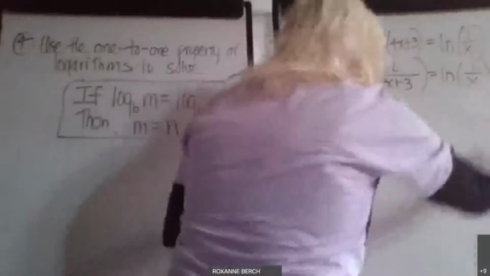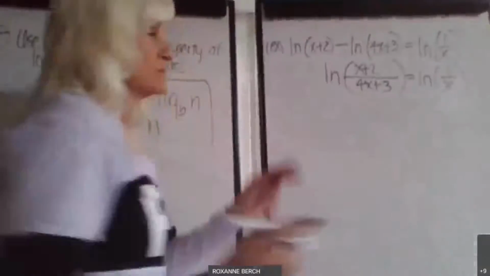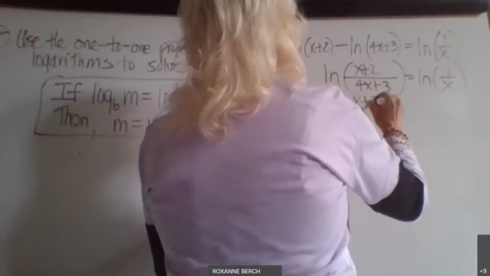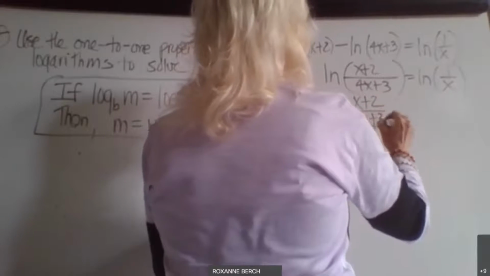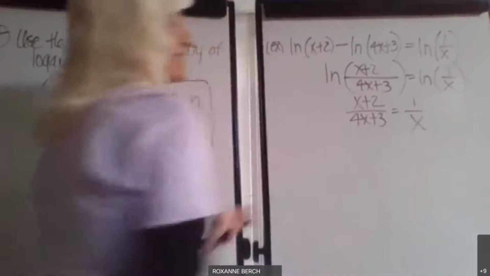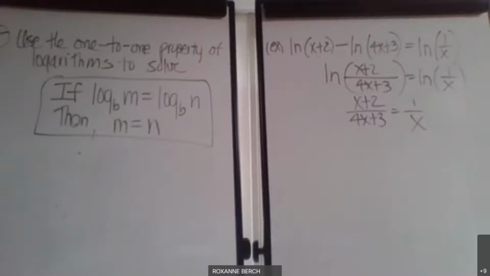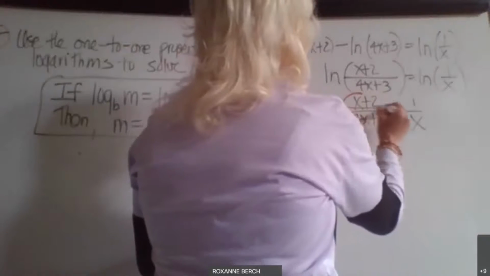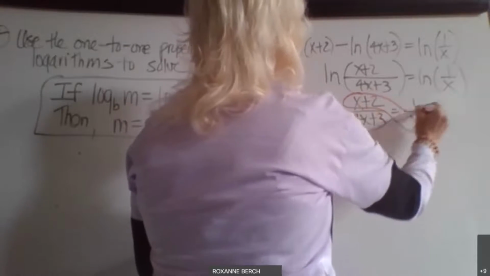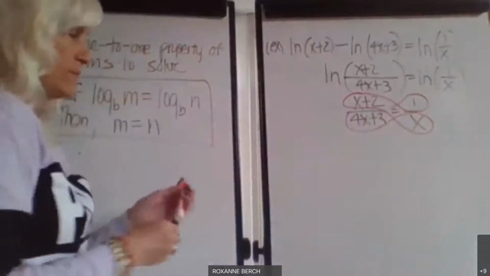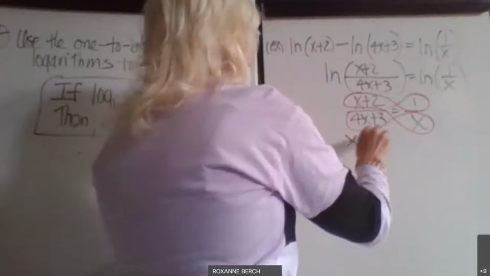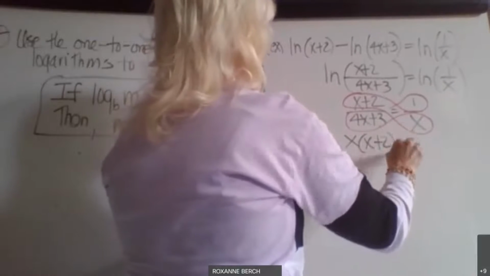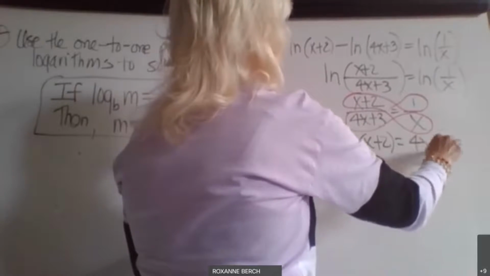So I have x plus 2 over 4x plus 3 is equal to 1 over x. And remember, when you have 2 fractions that are equal, you can cross multiply. And it doesn't matter what side they go on. So I'm going to put the x times the quantity x plus 2 in parentheses equals 4x plus 3 times 1. And there we go.